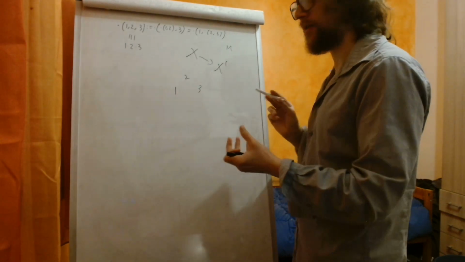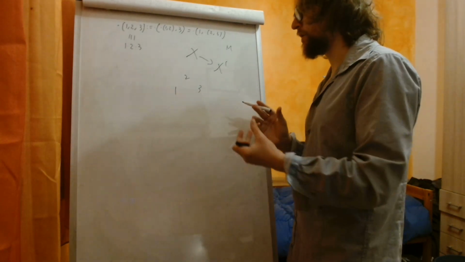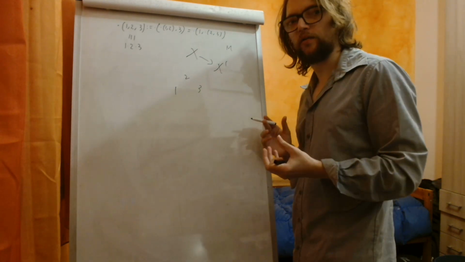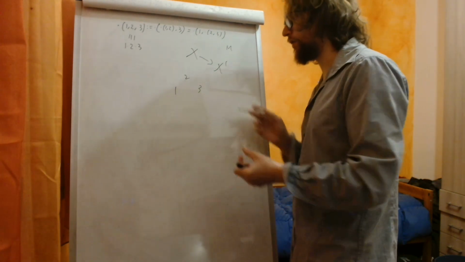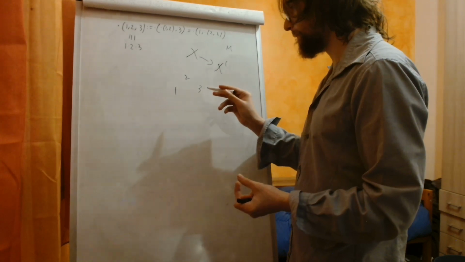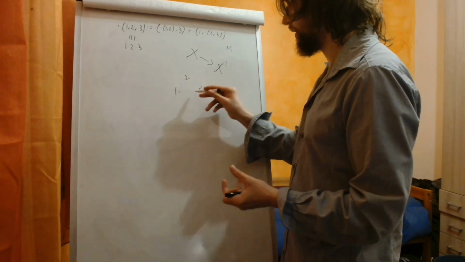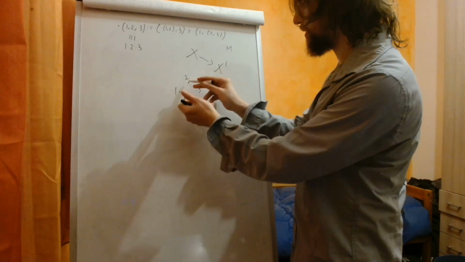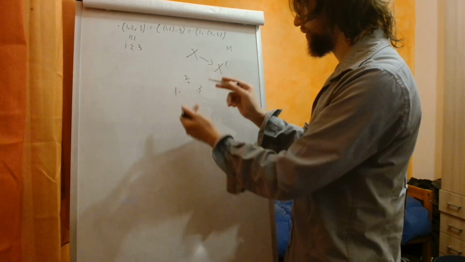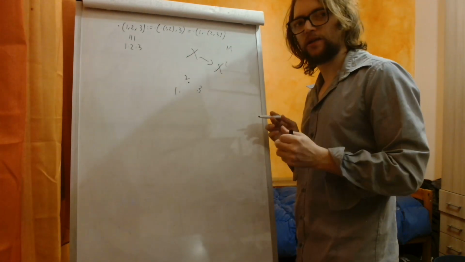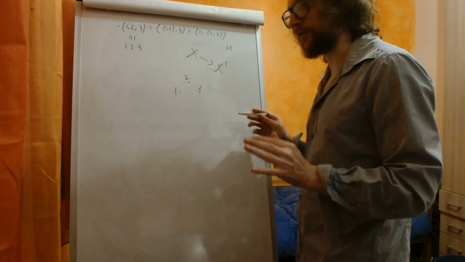So you basically only renamed the elements. So you can think of a symmetry as a renaming of the elements of X. So basically it's a permutation of the names. You can think of symmetries as permutations.